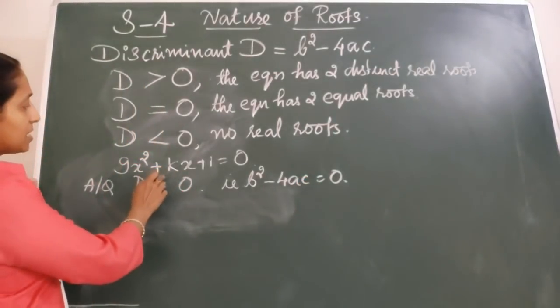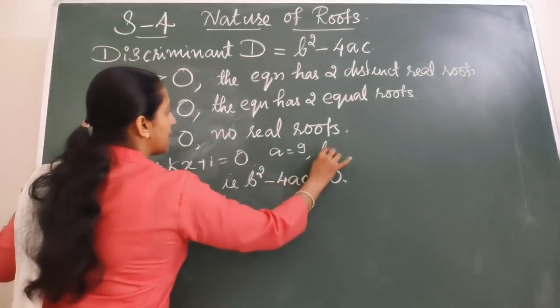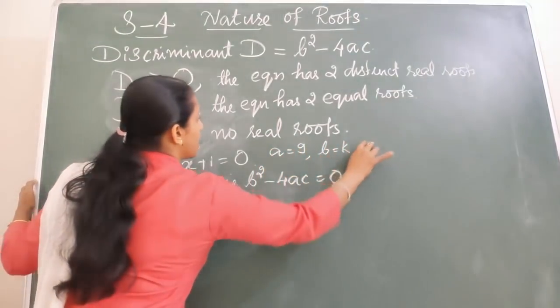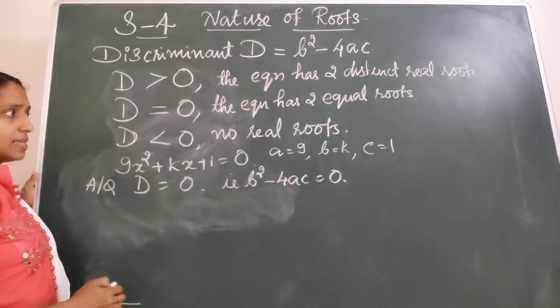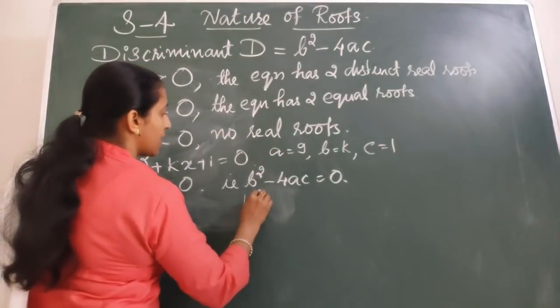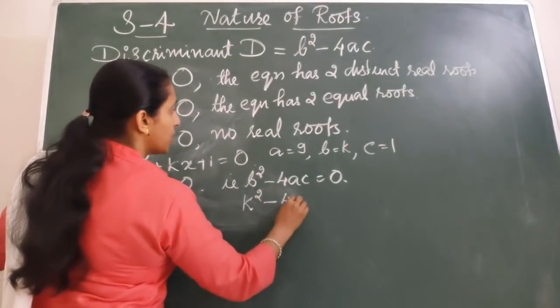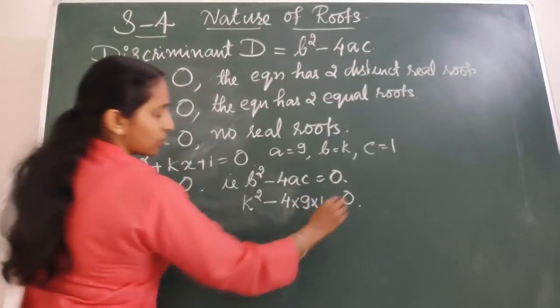Here a is 9, b is k, and c is 1. So b square minus 4ac: k square minus 4 into 9 into 1 equal to 0.